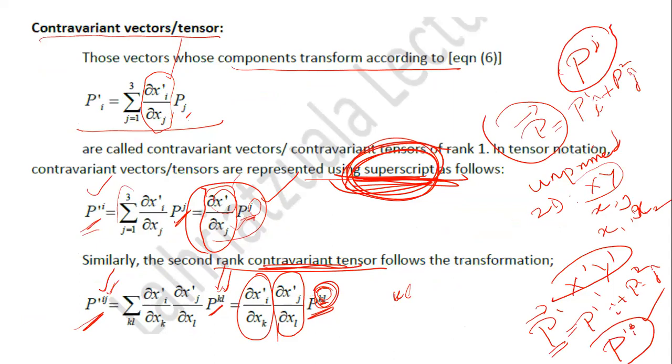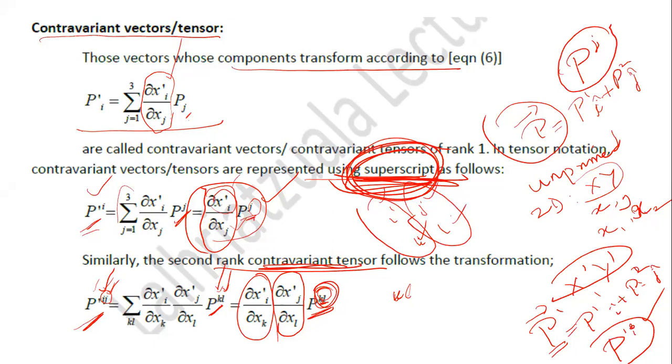So let's say we have ij as the corresponding indices in the prime coordinate variable. They will have to be put in the superscript again to identify that this is a contravariant tensor. So corresponding to the k index, we have the I index in the prime. Corresponding to the L index, we have the J index in the prime.